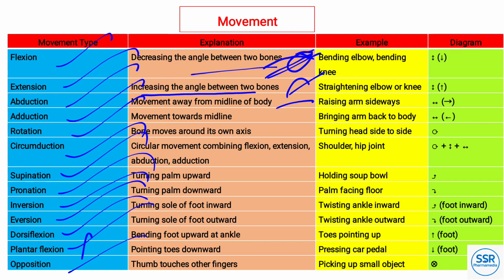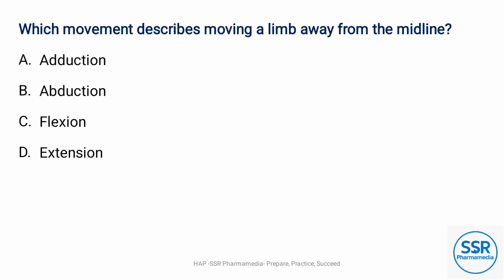Movement towards the middle of the body is called adduction. Rotation is movement around an axis. Circumduction is circular movement. Read all this carefully, along with the examples. It takes more time if I read it all, so you read it. We will move to the next slide.